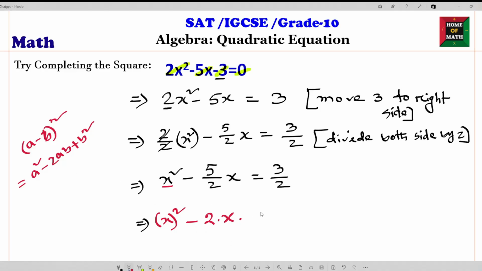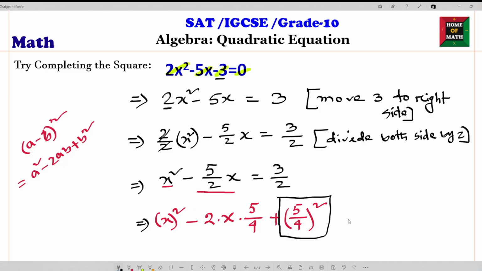So in b, here we add something, then we can get this one. So we can add here 5 divided by 4, and this is our b. It means plus 5 divided by 4 whole square. So this is an additional thing.